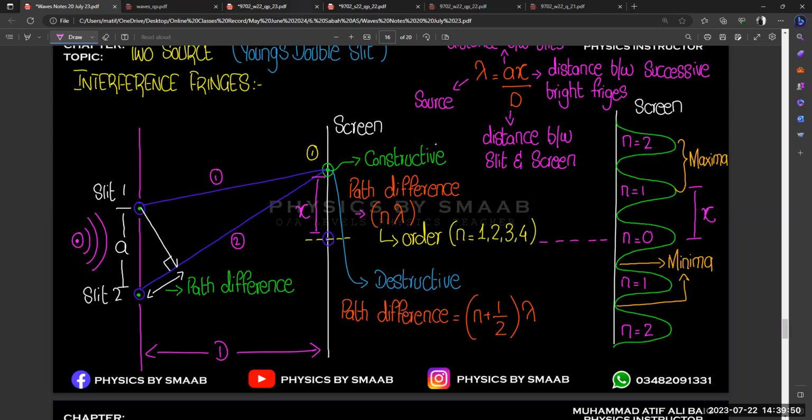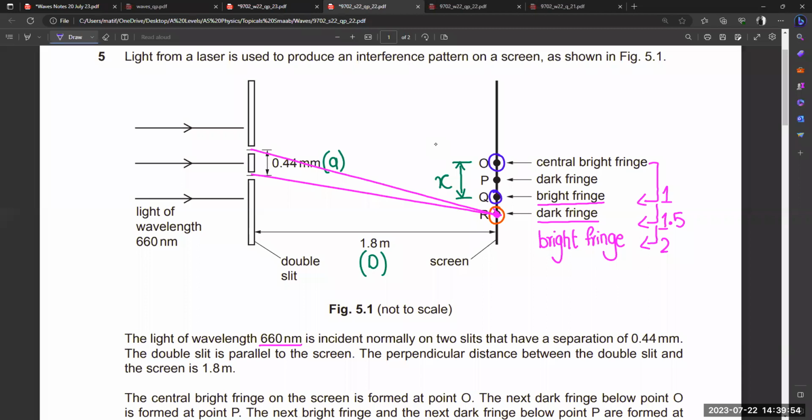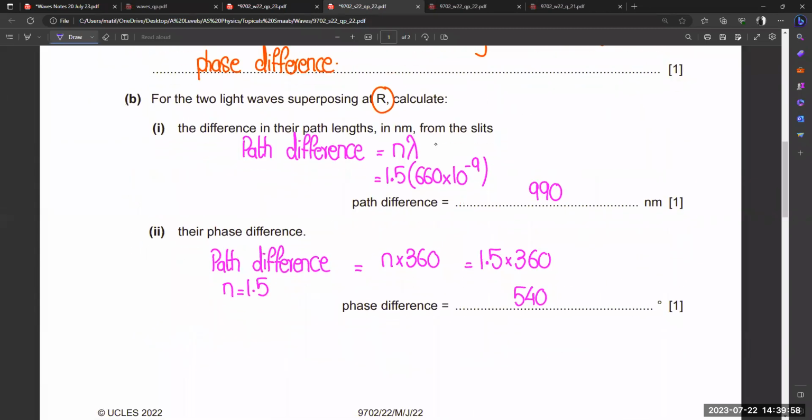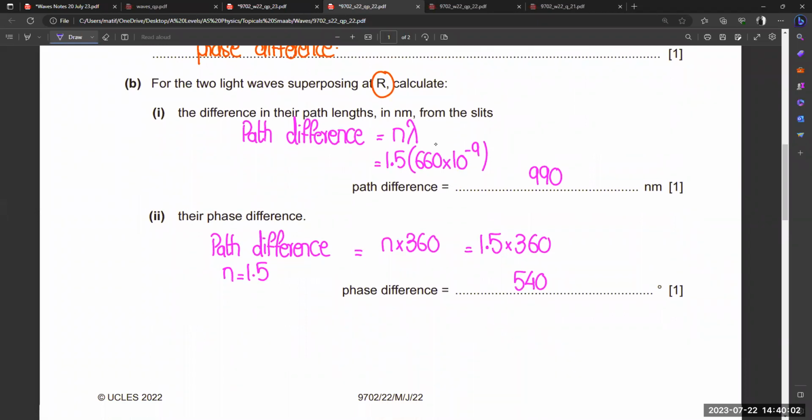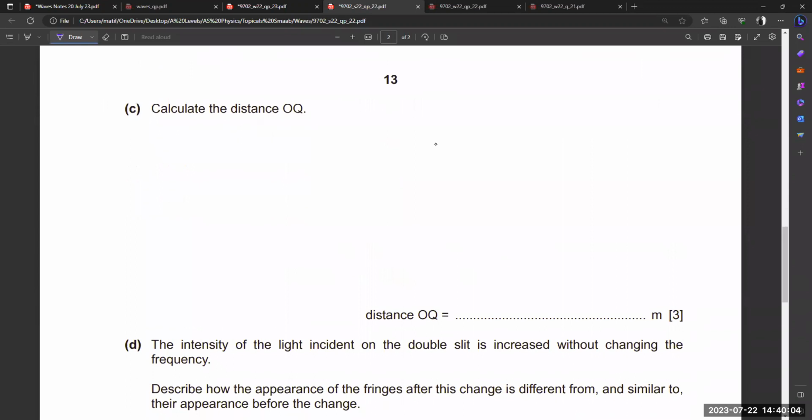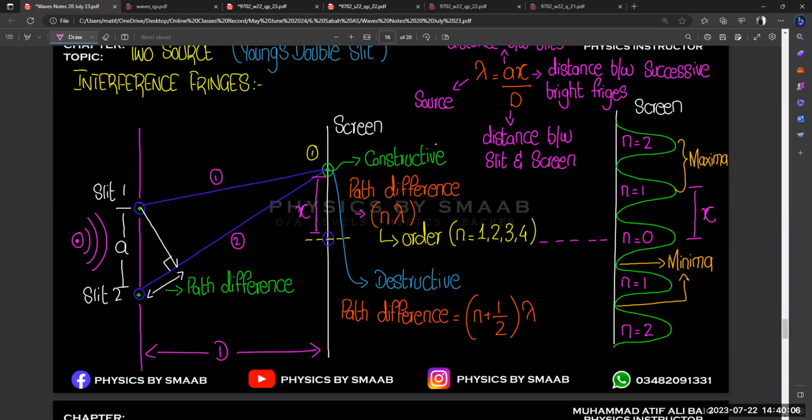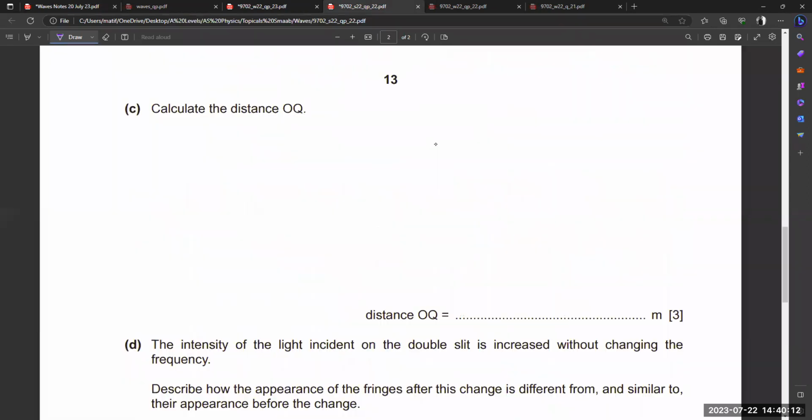X. Yes, X. So X is unknown actually. So we simply need to use a formula, and the formula is a simple one. We write over here: lambda is equal to AX over D. So it will be shifted like lambda D over A is equal to X.